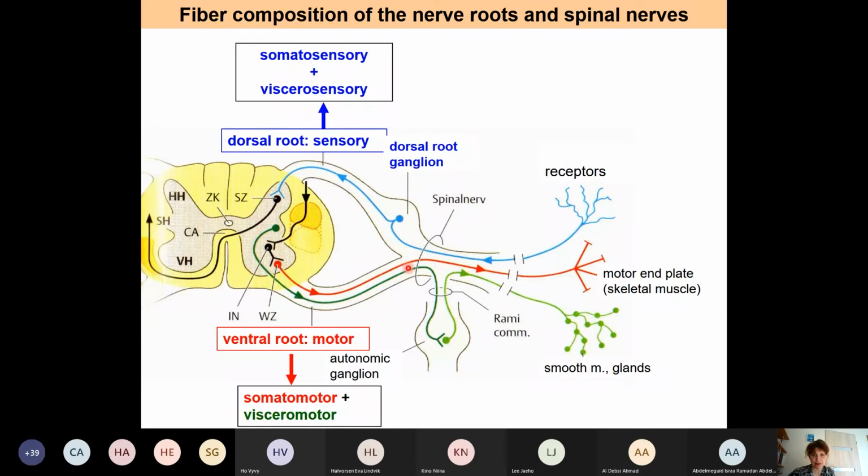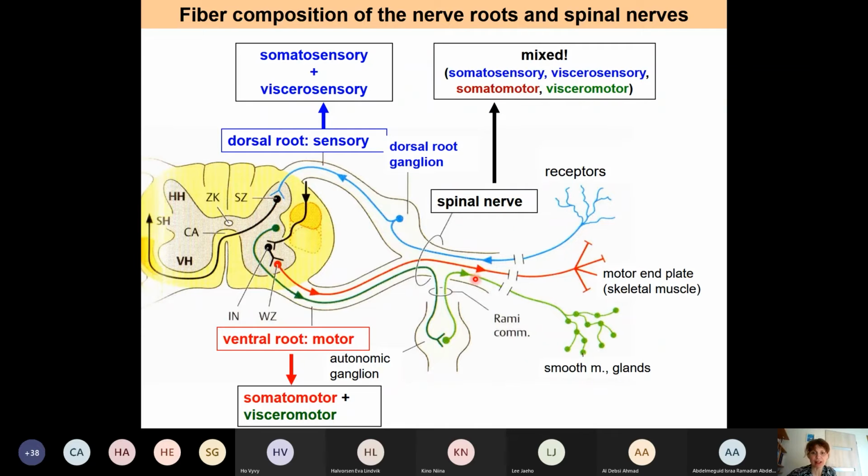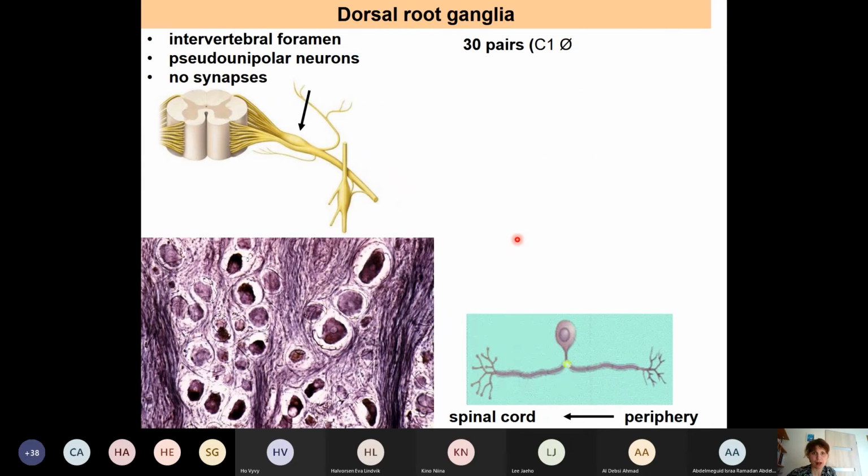They contain both sensory and motor fibers, and the autonomic fibers will also form a second efferent in an autonomic ganglion. Yes, so what I want to emphasize is that the spinal nerves are mixed. And the dorsal root ganglia you already know histologically.